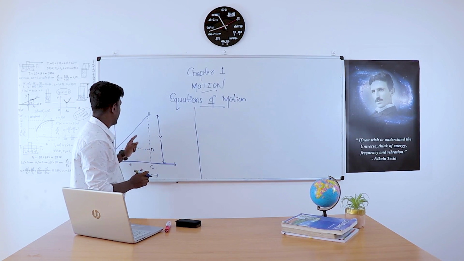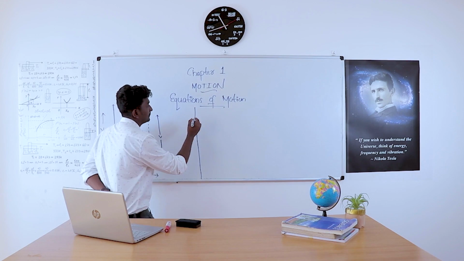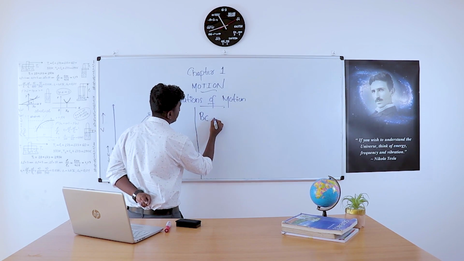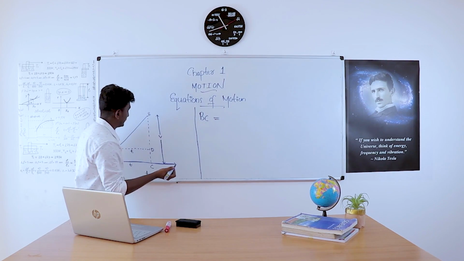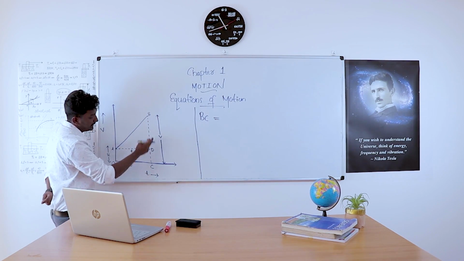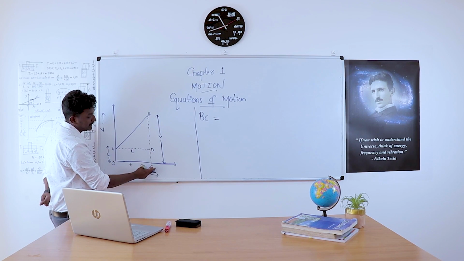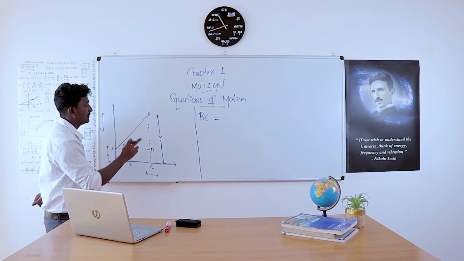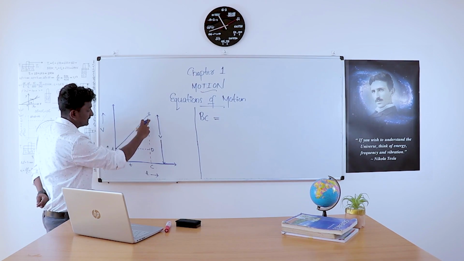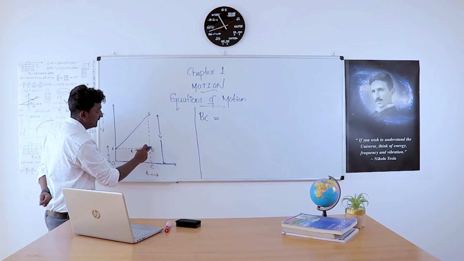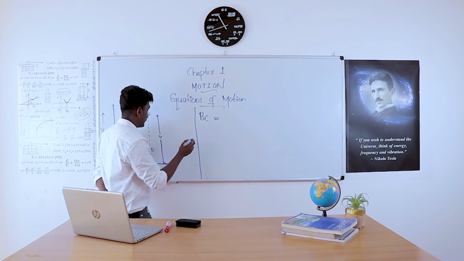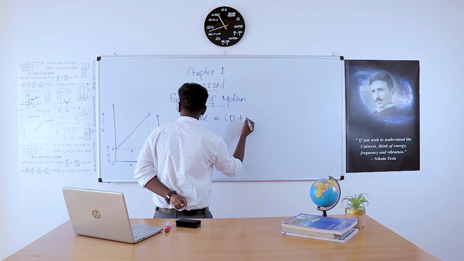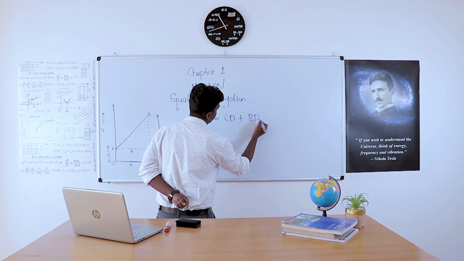From this graph, I am just taking BC. BC can be written as BD plus CD, that means this BC is split up into two parts, BD and DC. Therefore, BC is equal to CD plus BD.